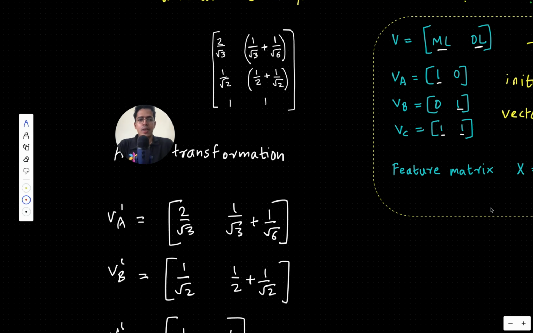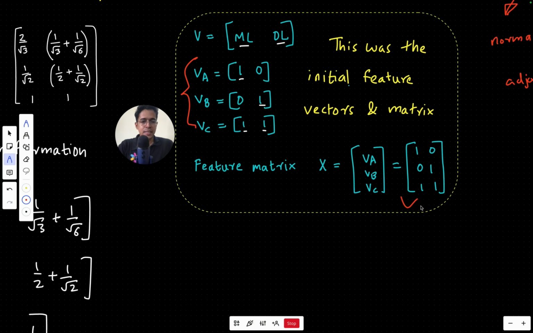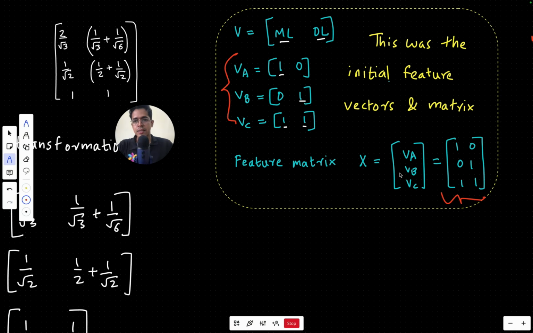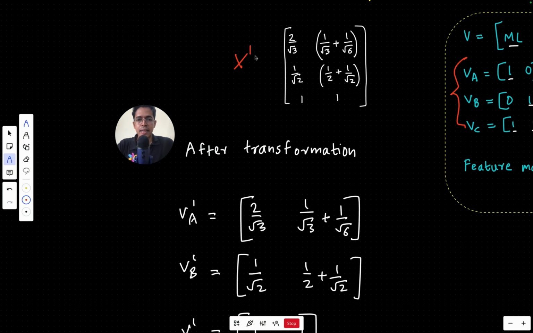So now these were the old features. These were the feature vectors, VA, VB, and VC. This was the initial feature matrix, which was the collection of these three feature vectors, initially, before we performed all these operations. Now, after transformation, X prime is the transformed aggregated feature matrix.